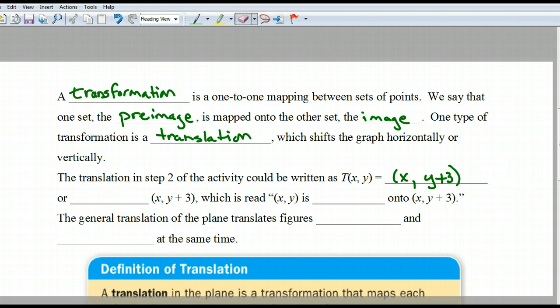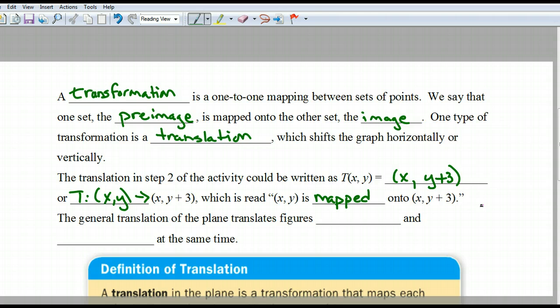Anybody else have any questions? This is different than actually changing the equation, you guys. This is giving you directions of what to do with each component of a point, the x part and the y part. Okay? So on this one, this blank right here should be T colon translation of (x, y) arrow (x, y plus 3) is read (x, y) is mapped onto (x, y plus 3).